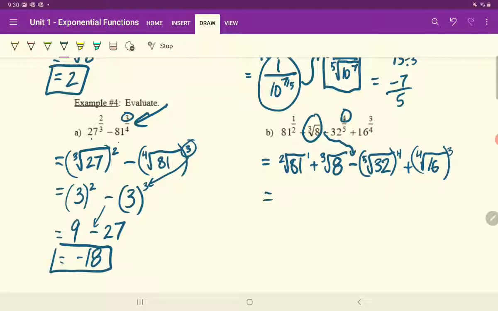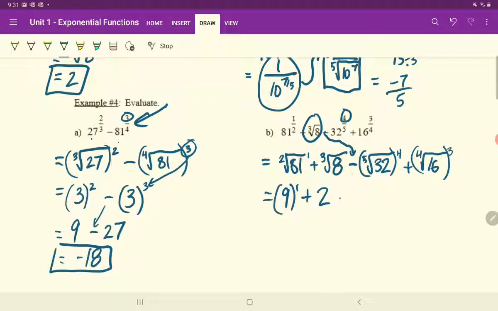Okay, so let's see if we can figure these out without a calculator. Square root of 81, I know, is 9. Okay, and it's just 9 to the power of 1, which I know will just be 9, I'll write the power of 1 there, but I'm just doing it to show all my work to help explain it. What number times itself 3 times equals 8? 2.